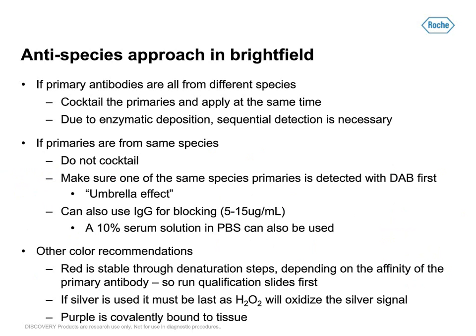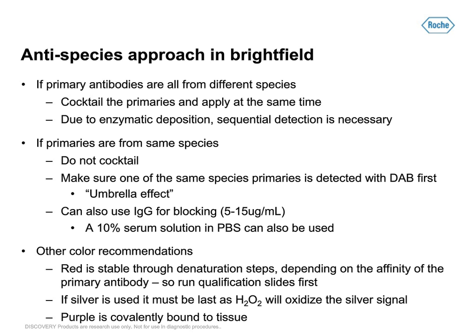So if primary antibodies are all from different species, you can cocktail, but due to enzymatic deposition, you are going to want to do sequential detection. But it goes without saying, if they are from the same species, do not cocktail your primaries, and just go through the same motions that we discussed with multiplexing in fluorescence.